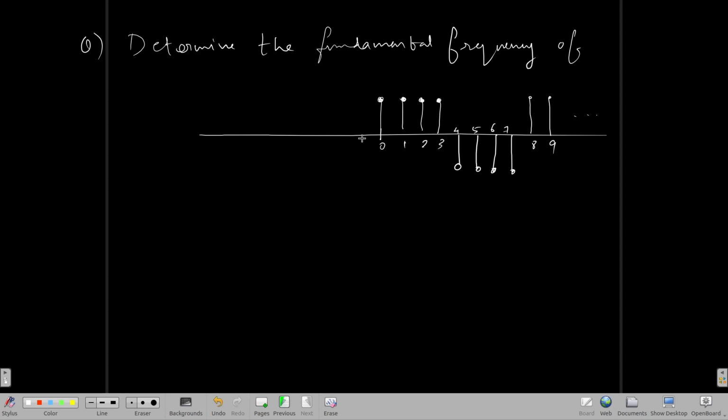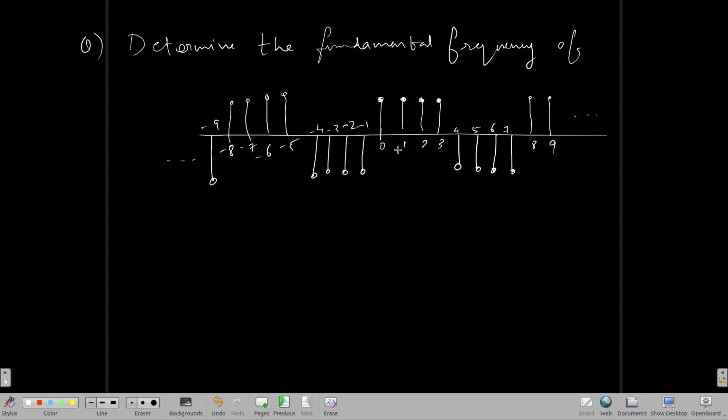Similarly, backwards it will be minus 1, minus 2, minus 3, minus 4, minus 5, minus 6, minus 7, minus 8, again minus 9 onwards.